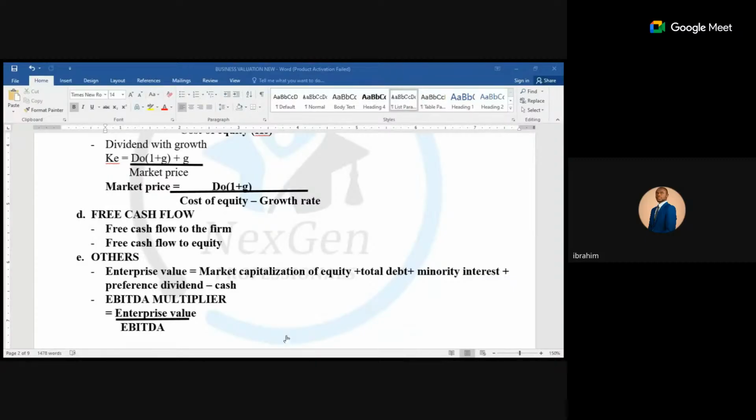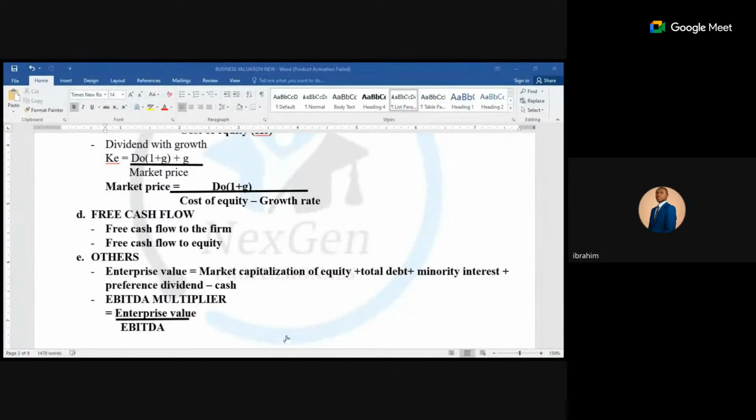While other approaches, the income base is subjective, makes use of accounting profit. The dividend valuation, you can only use it to value companies that are paying dividends. The asset-based, historical base cannot be applicable, then the discounted cash flow.